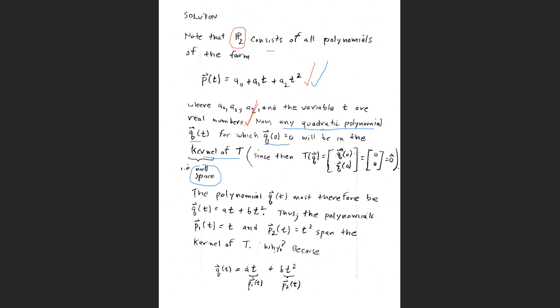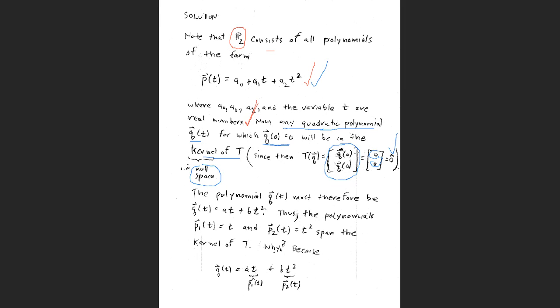And so T of q would, by definition of the transformation, be equal to the vector. The transformation takes the polynomial q and maps it to the vector whose components are q of 0, q of 0. But then what is q of 0? Well, it is 0. So you'll get the 0 vector.